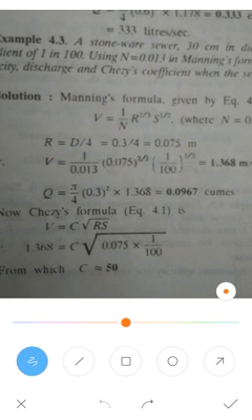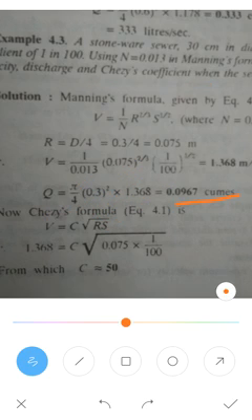After finding the discharge, you want to find the Chezy's coefficient constant. Chezy's formula: V is equal to C into square root of R into S, where V is the velocity, C is the Chezy's constant, R is the mean hydraulic radius, and S is the slope.